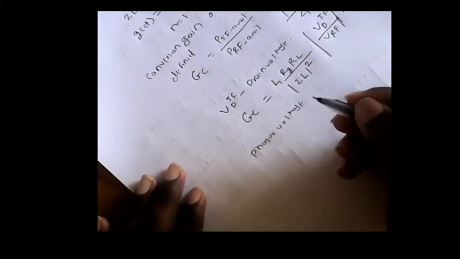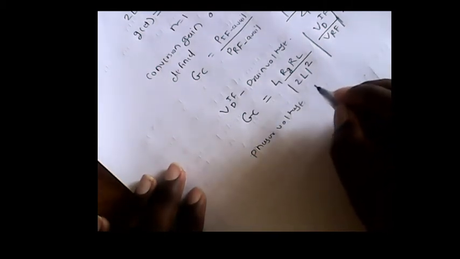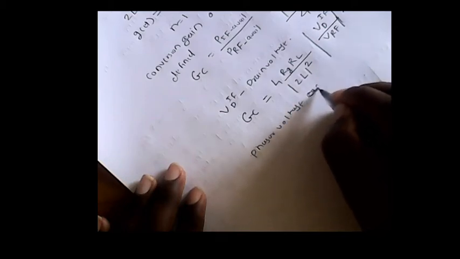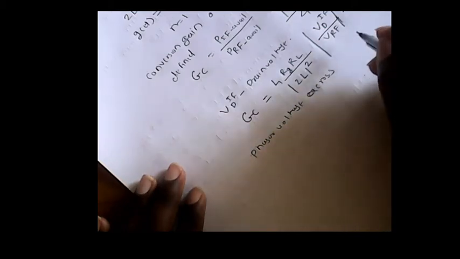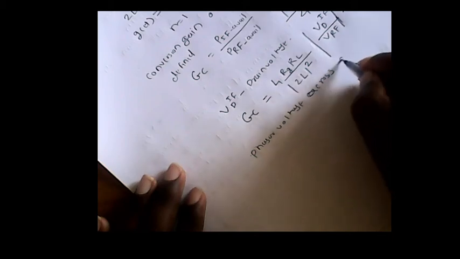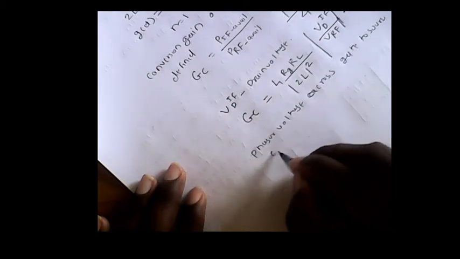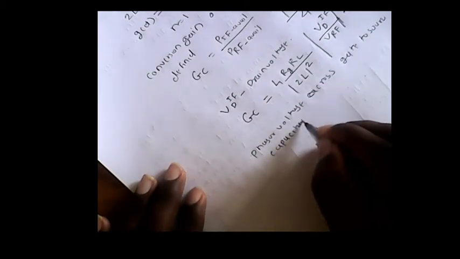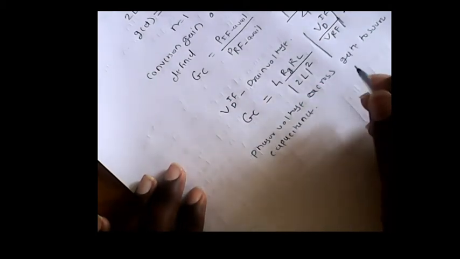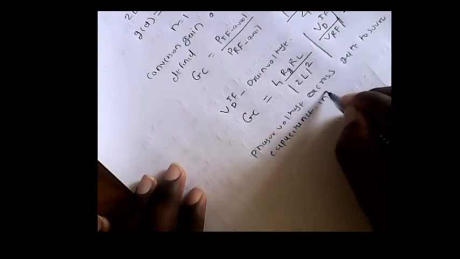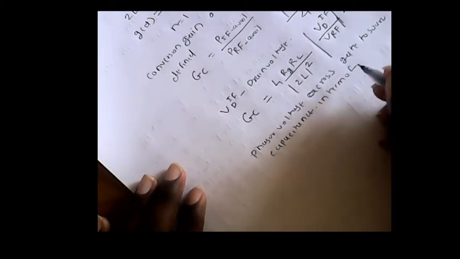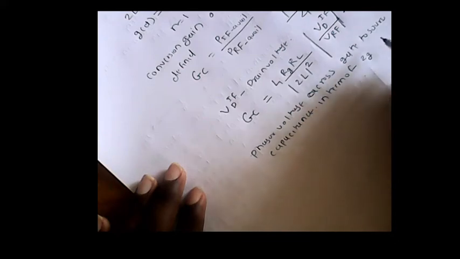You can write down the phasor voltage across the gate to source capacitance in terms of zeta, Ri and capacitor terms.